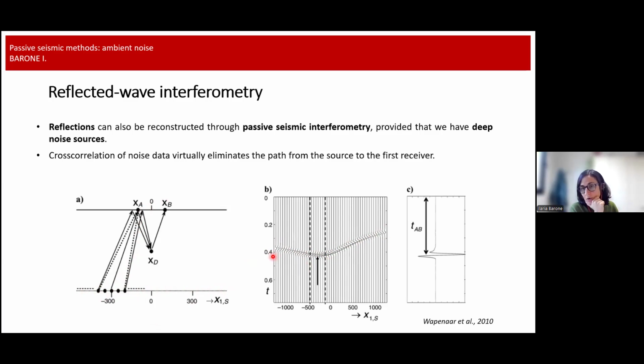And if we stack all these traces, we finally have these traces, because we had constructive interference in this area, which is the Fresnel zone again. The Fresnel zone in this case includes all the sources in this area.